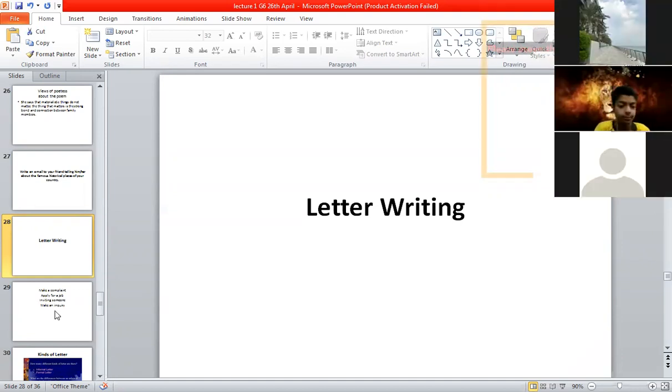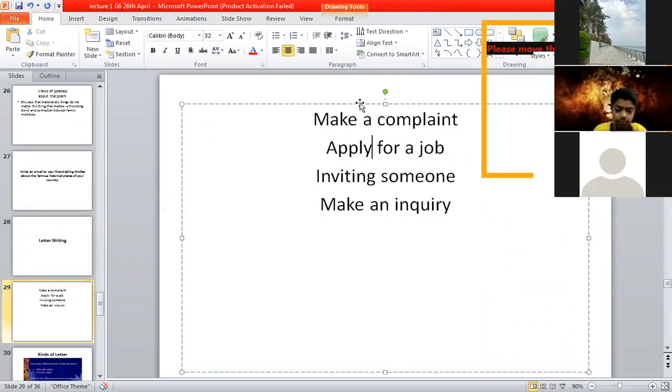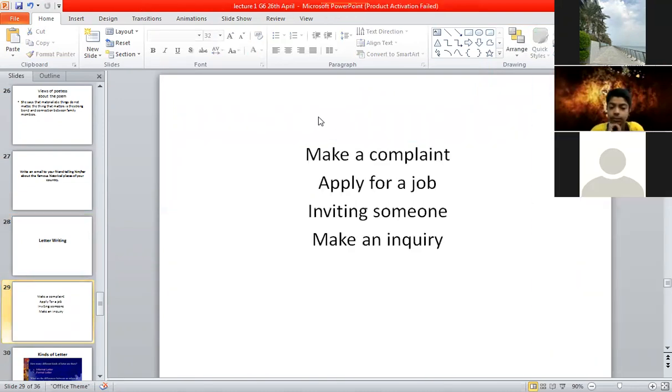For what purpose is a letter written? When you have to make a complaint, then you write a letter that is called a formal letter. I will be telling you its types later. When you have to apply for a job, obviously you will be writing a formal letter.